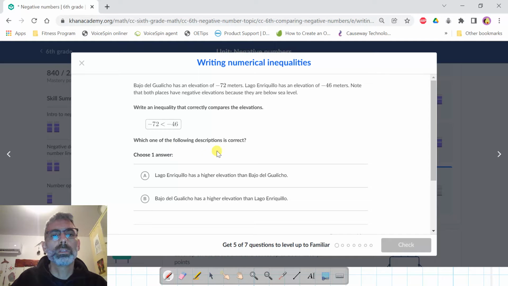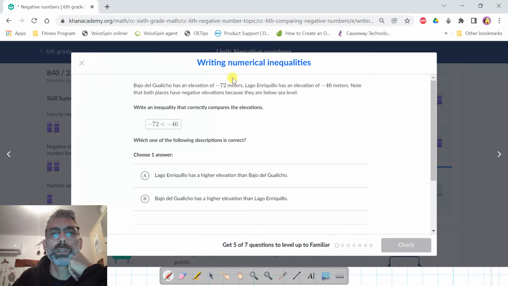Which of the following descriptions is correct? Lago Enriquillo has higher elevation than Bajo del Gualicho. This is correct because both numbers have negative signs before them.